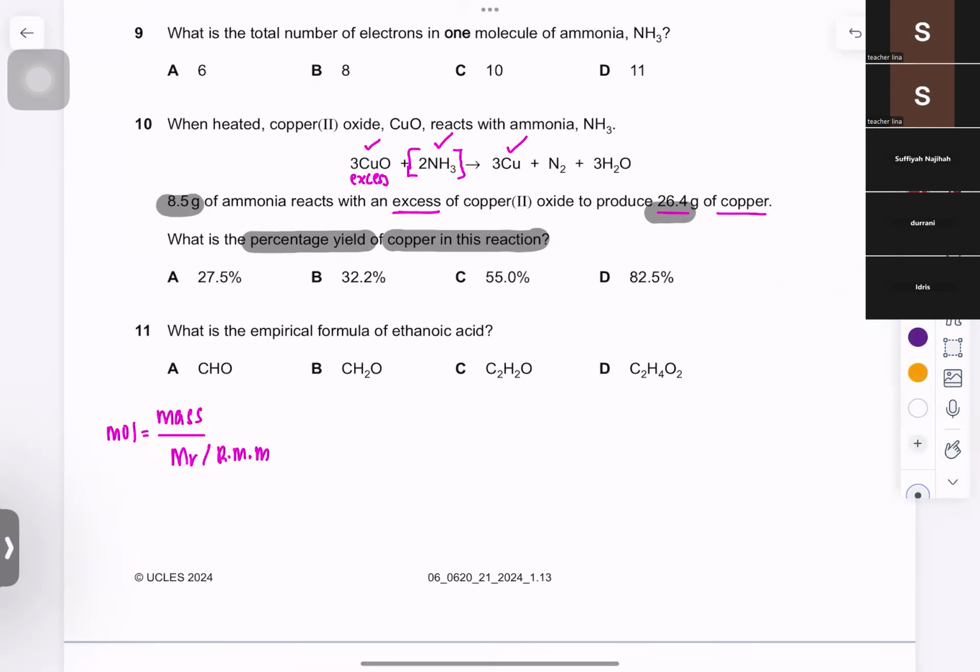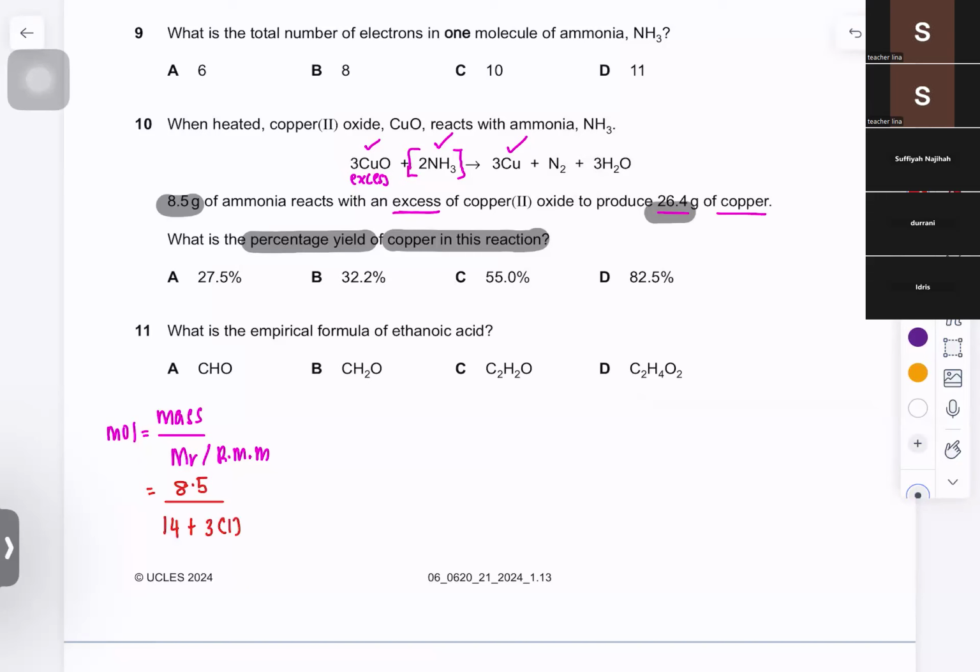So 8.5, you divide by MR or RMM for NH3. NH3 is 14 plus 3 times 1. You need to find this from the periodic table.